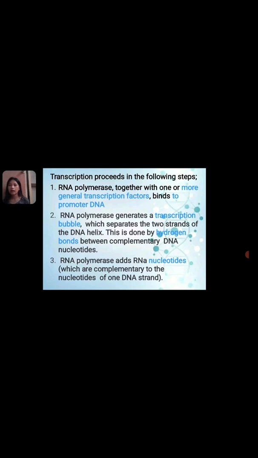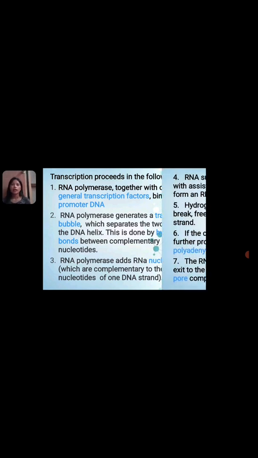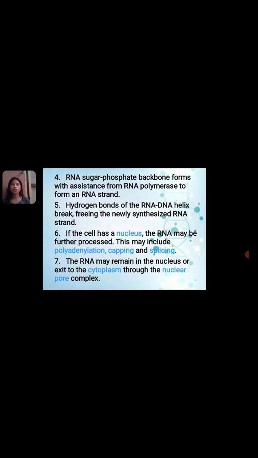This is done by breaking hydrogen bonds between complementary DNA nucleotides. 3, RNA polymerase adds RNA nucleotides, which are complementary to the nucleotides of one DNA strand. And 4, the RNA sugar phosphate backbone forms with assistance from RNA polymerase to form an RNA strand.